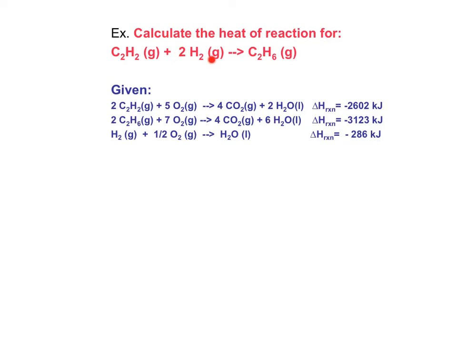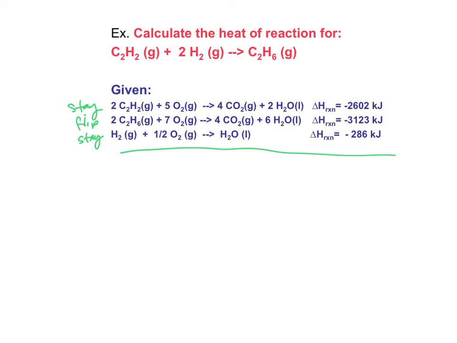And then you have hydrogen on the left-hand side, and we're going to keep this reaction the same. So I would make a note of what I'm doing so I don't forget. I would say we're going to stay on the first reaction, flip the second reaction, and stay on the third reaction. That is a good thing to start with, just mapping out your strategy. Don't worry about multiplying times anything. All you want to do in this next step is just get everything in the right place.